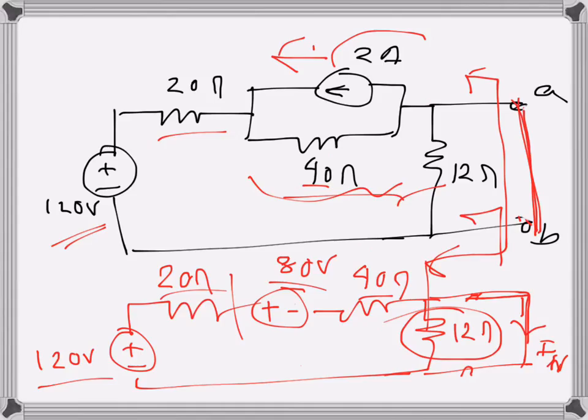So we can do two things. First of all, we can calculate the resistance using this circuit or this circuit. We will get the same result. Let's see how that happens. I will draw the circuit again, so that will be better.